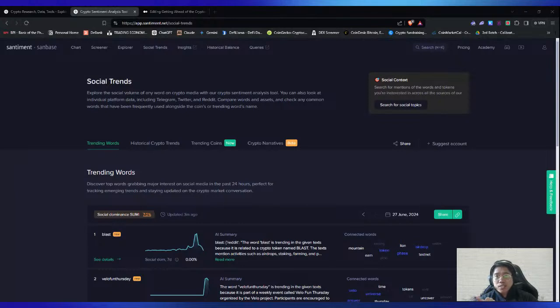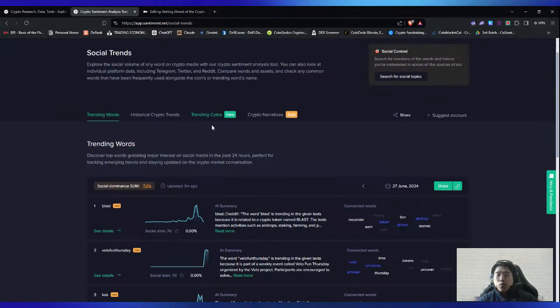The social metrics are undoubtedly important for users to know the trend or the current narrative that is influencing the performance of a certain digital asset. Just to give you an example, here we can see the trending words which are currently occupying the mind share of the users.